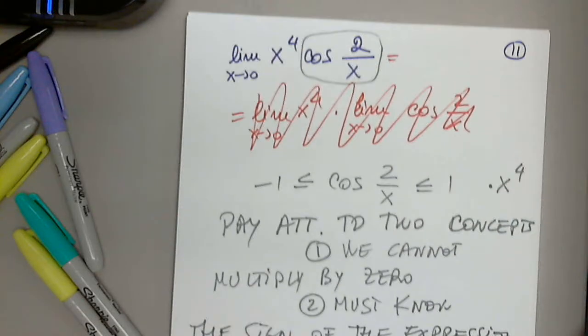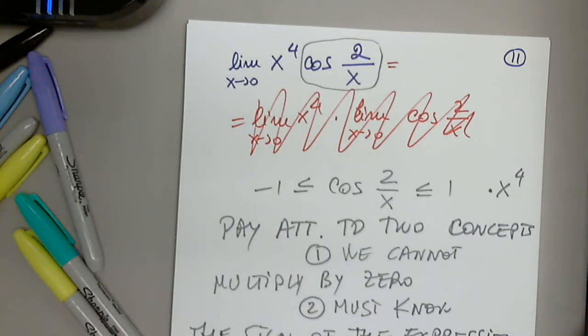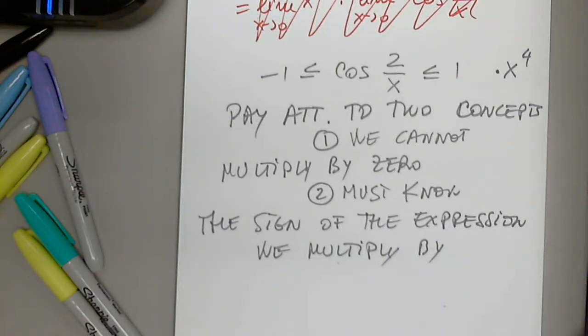Because I'm multiplying an inequality. If I multiply by a positive number, the inequality symbols will not be reversed. But if this is a negative quantity, what do I have to do? Right. So can anyone tell us the sign, forever, of x to the fourth? It's always positive. So I'm safe for two reasons: it's never 0 and it's always positive. So I don't have to worry about switching the symbols of the inequality.